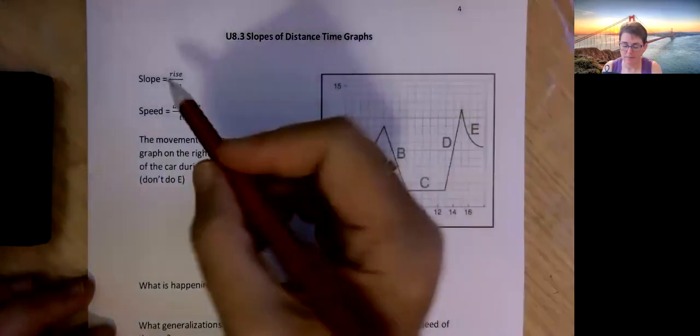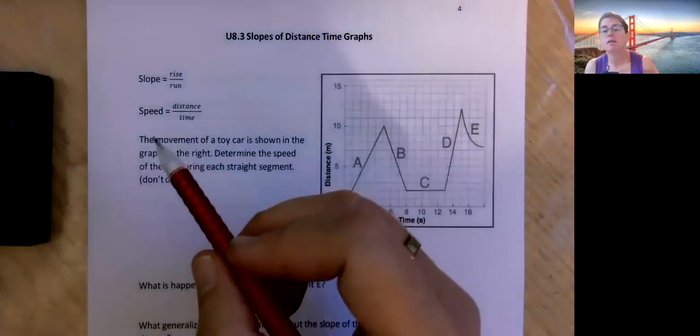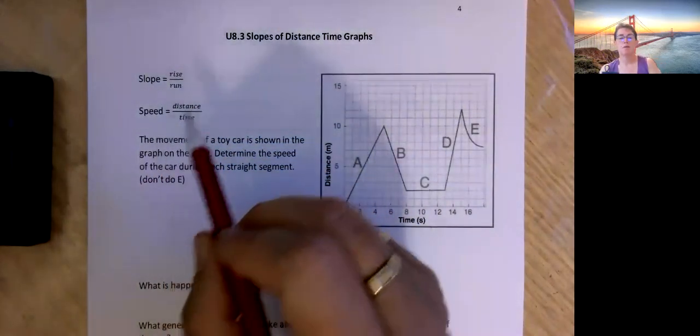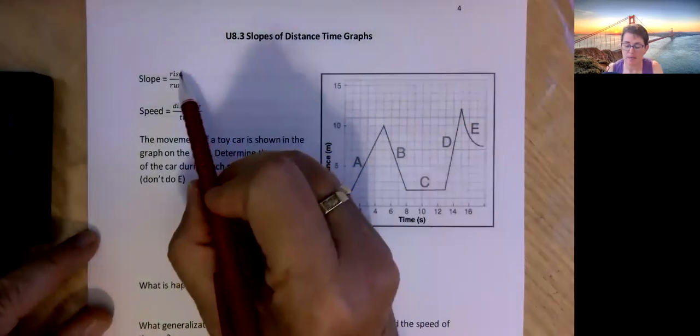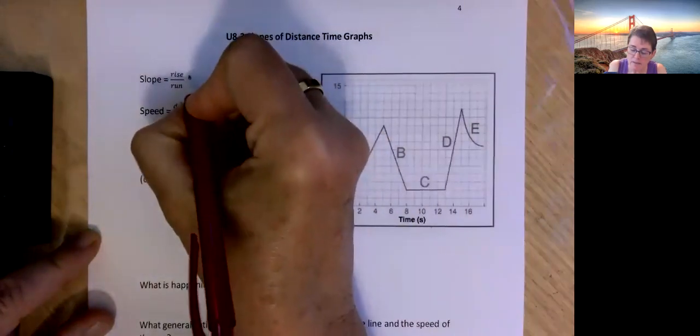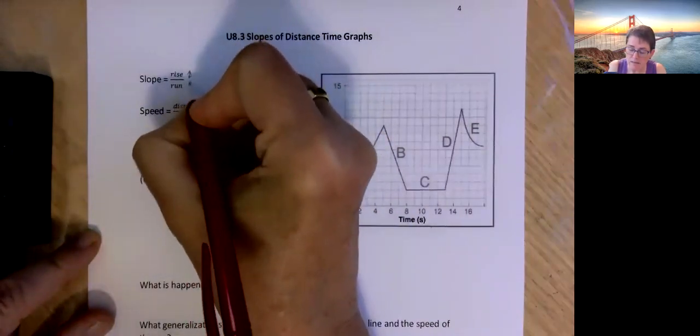Anyway, we saw this before in chapter 6, unit 6, where we did lines, and I talked a little bit about slope. By definition, it is rise over run. So it's always the up and down versus the horizontal.